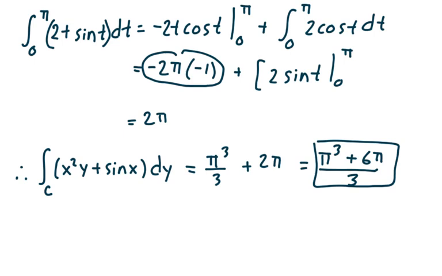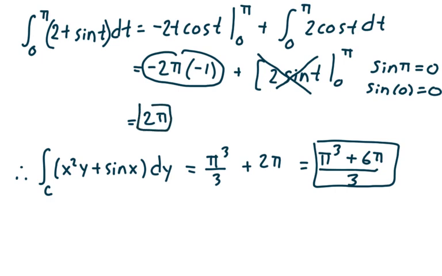And then I go plus 2 sine of t evaluated from 0 to pi. But remember, sine of pi is equal to 0, and sine of 0 is equal to 0. And so this piece ends up going away, and I'm just left with 2 pi.